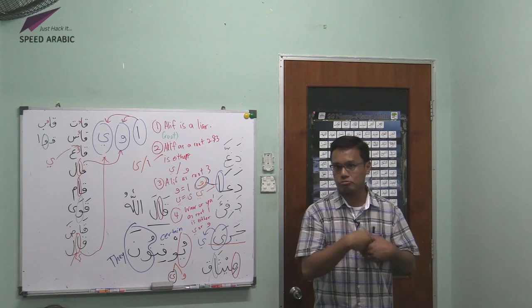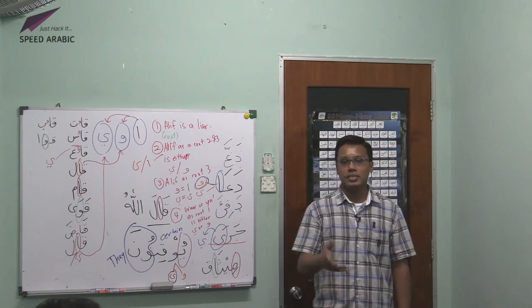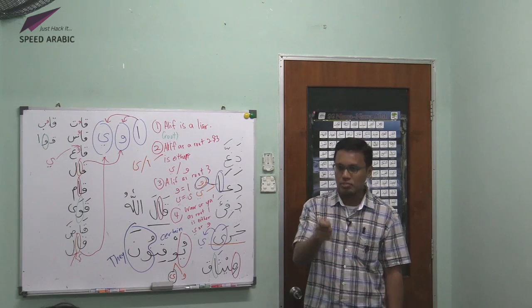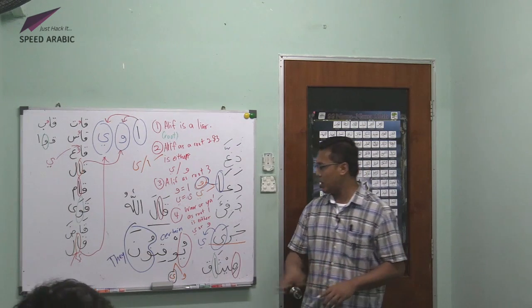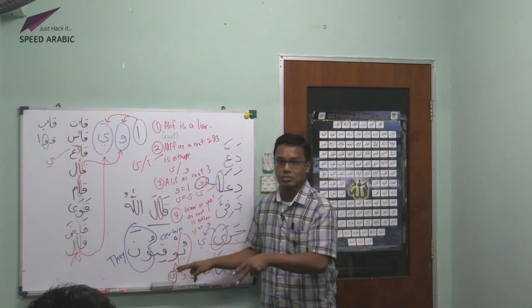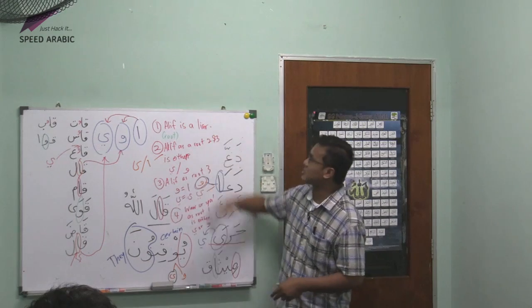It applies to all. When you see a ya or a waw as a first root, it means it's either a ya or a waw. Sometimes the waw doesn't lie, it is a waw. So you have to find both in the dictionary. And it applies for alif also.